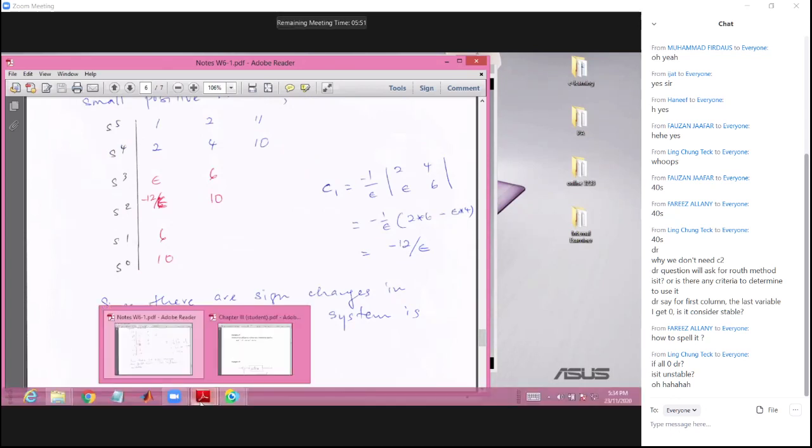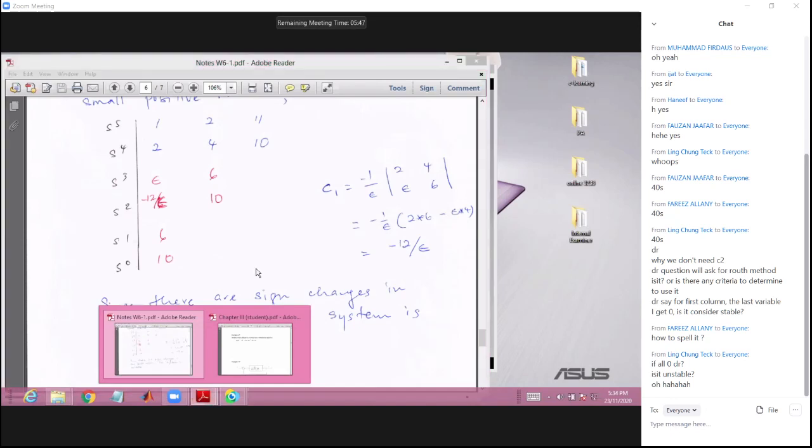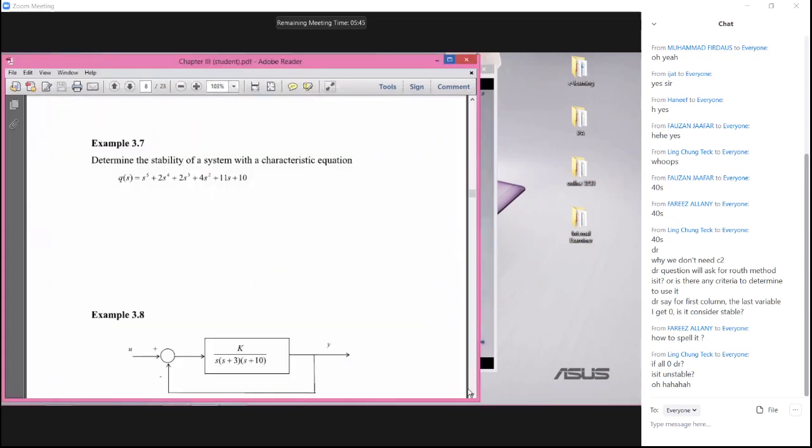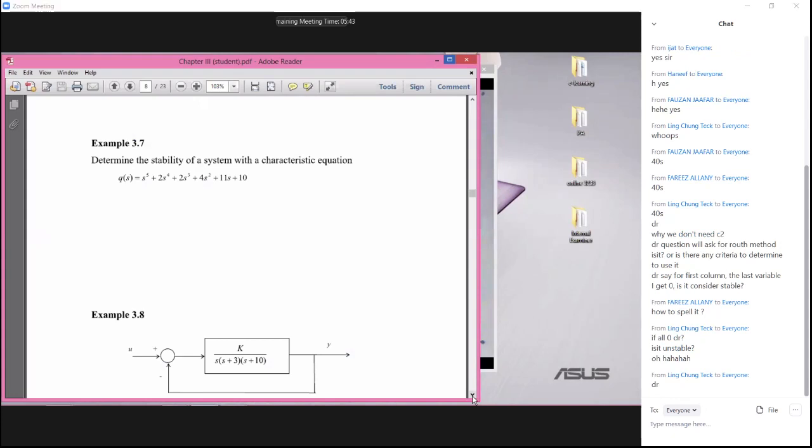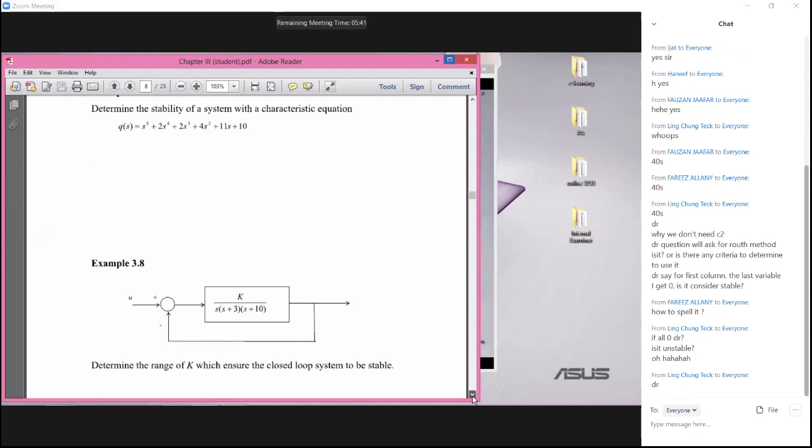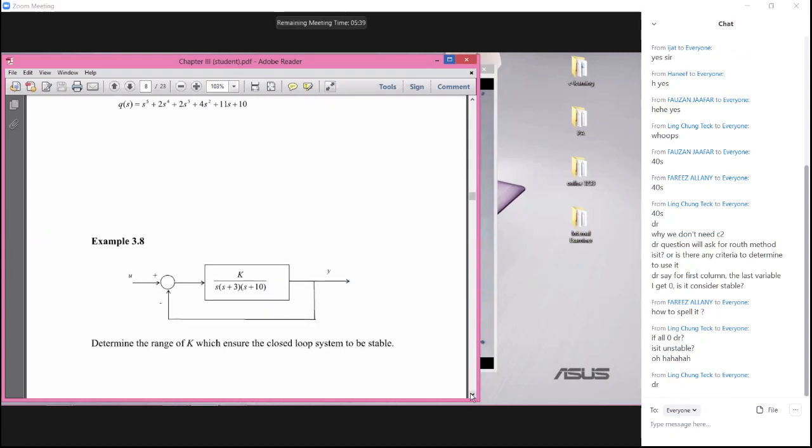All right, so we are at the end of this Ruth table discussion. Let's take a look at the last example here.